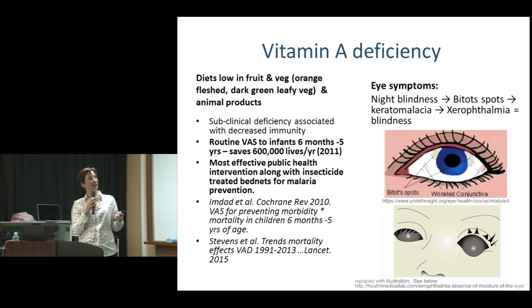So now we actually think that from orange-fleshed fruits and vegetables, it's more like 12 to 1, and from dark green leafy vegetables, it's more like 24 to 1. So hence, to meet your vitamin A from vegetable sources, you really need quite a lot of those vegetable and fruit sources, which explains why deficiency was still prevalent when we thought, well, they should be getting enough. But that's because we were overestimating this conversion.